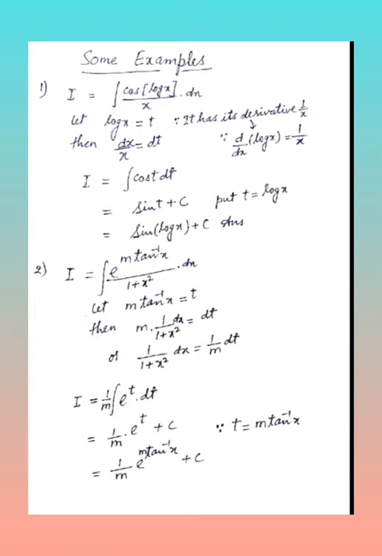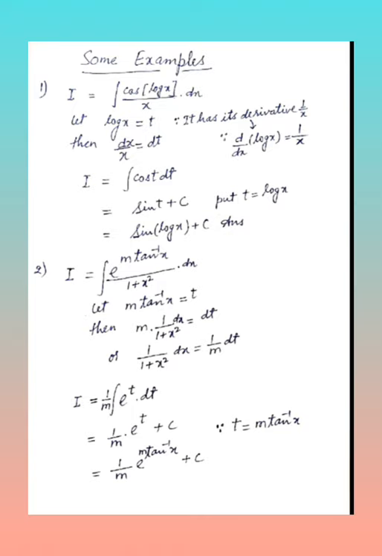Example second, integration of e raised to power m tan inverse x upon 1 plus x square dx. Let m tan inverse x be equal to t. m is a constant. Derivative of tan inverse x is 1 upon 1 plus x square.